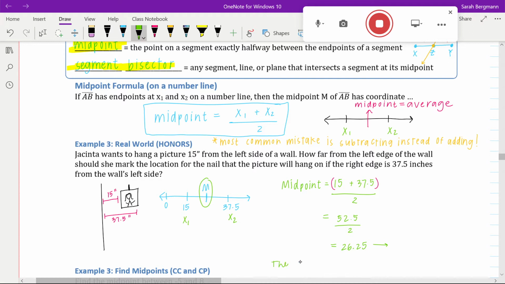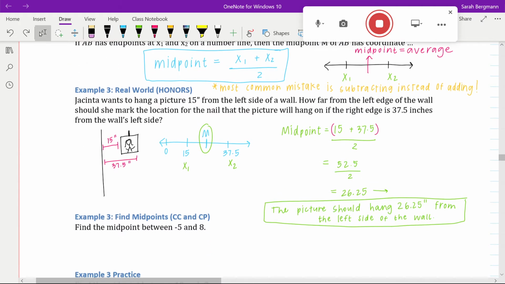Basically, the picture should hang 26.25 inches from the left side of the wall, or from the wall. If you don't already know, this symbol here with the two little dashes means inches. When you do one dash, it means feet.